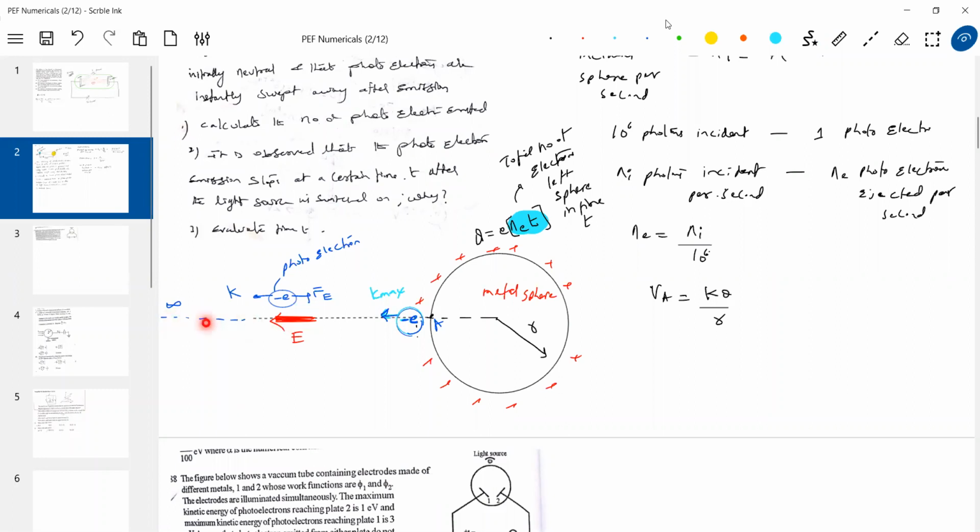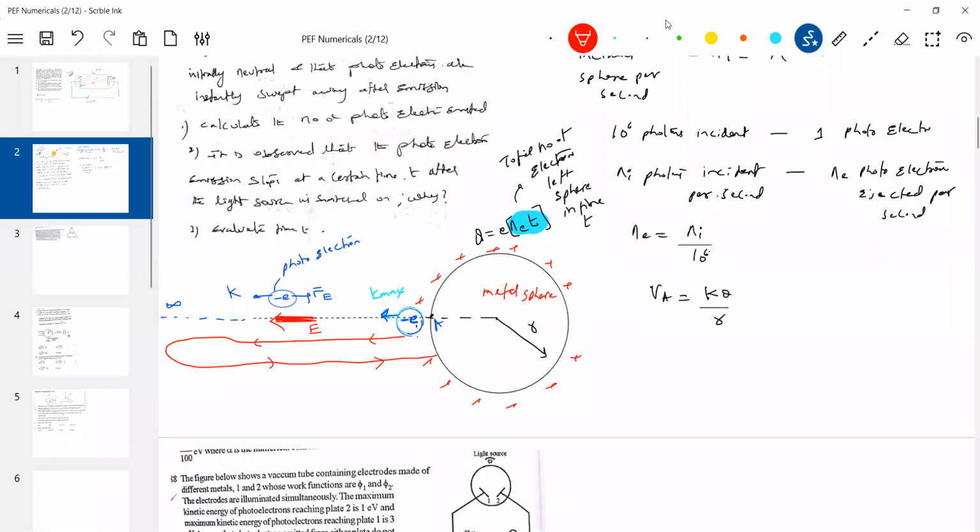So before reaching infinity, the path traced by this electron will be like this. Initially electrons will escape.